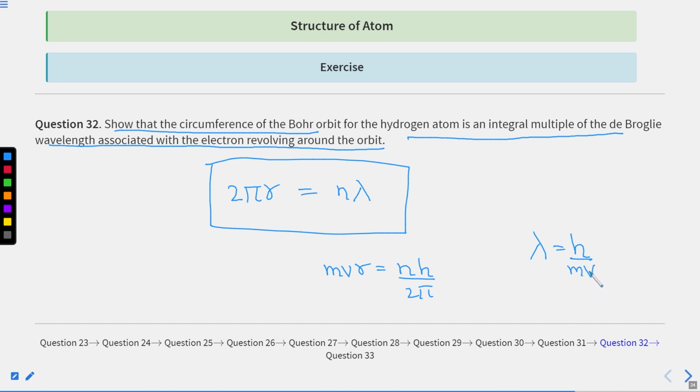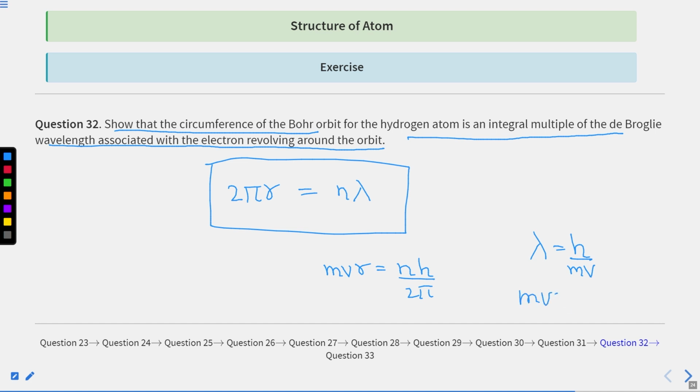So let us first find the value of mv from this equation.